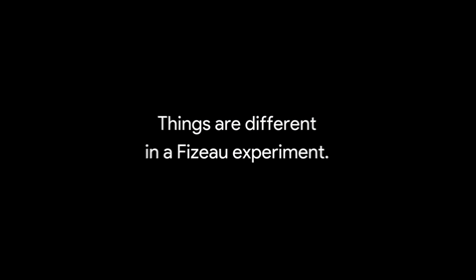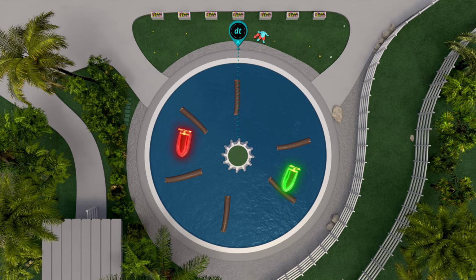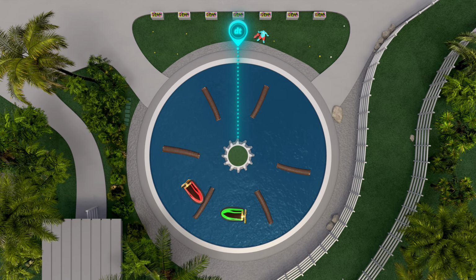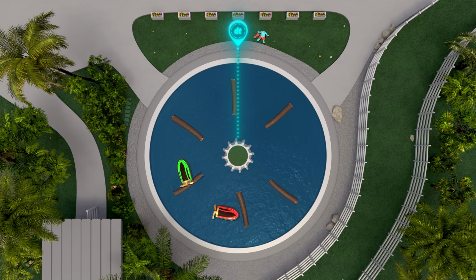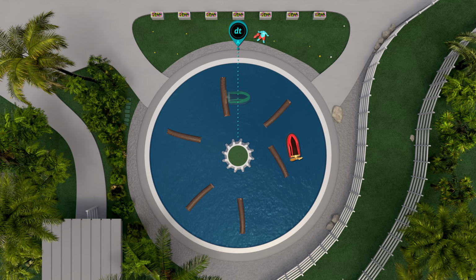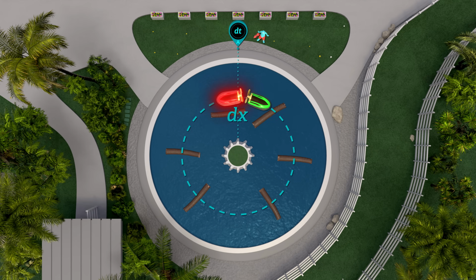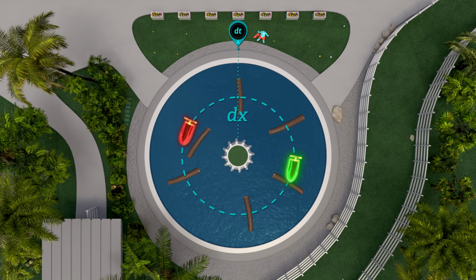In our lazy river analogy, Fizeau would have both hovercraft travel in opposite directions from the stationary marker on the bank of the river around to the same marker. Both hovercraft travel the same stationary frame distance dx, so let's write the formula for elapsed time in the upstream and downstream directions as a function of dx.